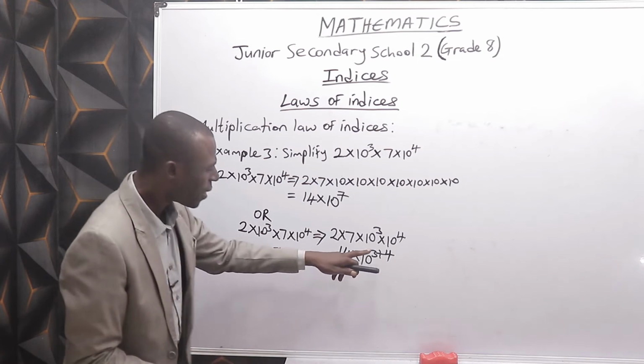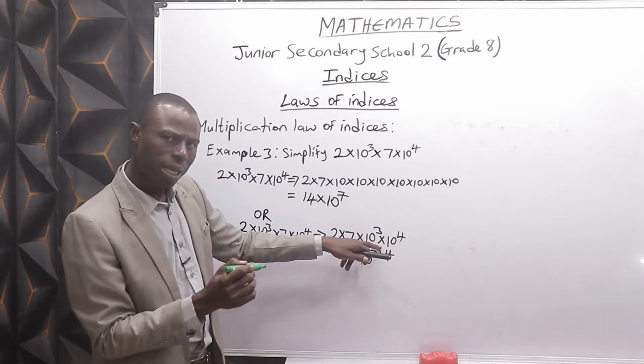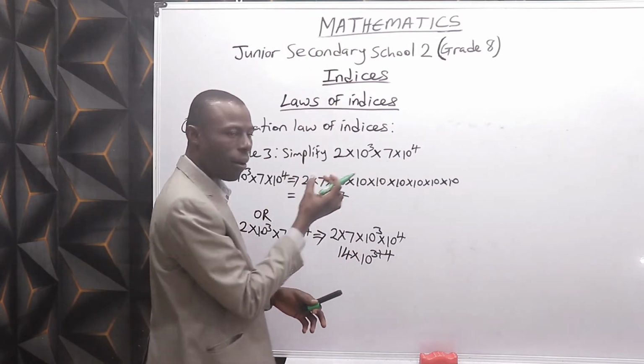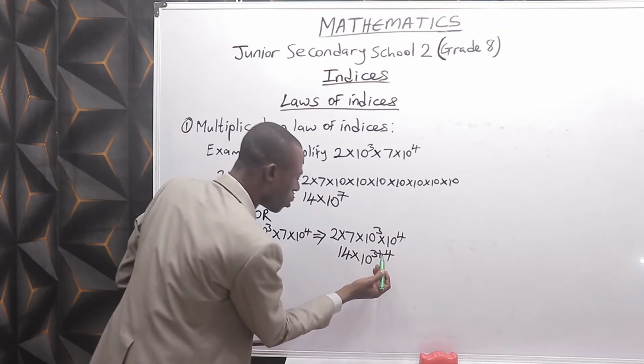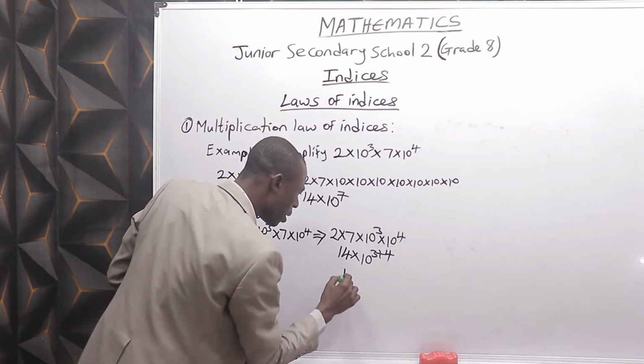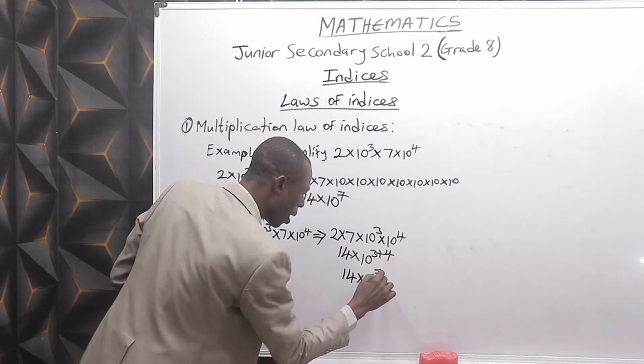Don't forget that the multiplication sign there will change to addition, and that addition will be lifted up to operate the powers. So that addition will now come up to add 3 and 4 together, giving us 14 times 10 raised to the power 7.